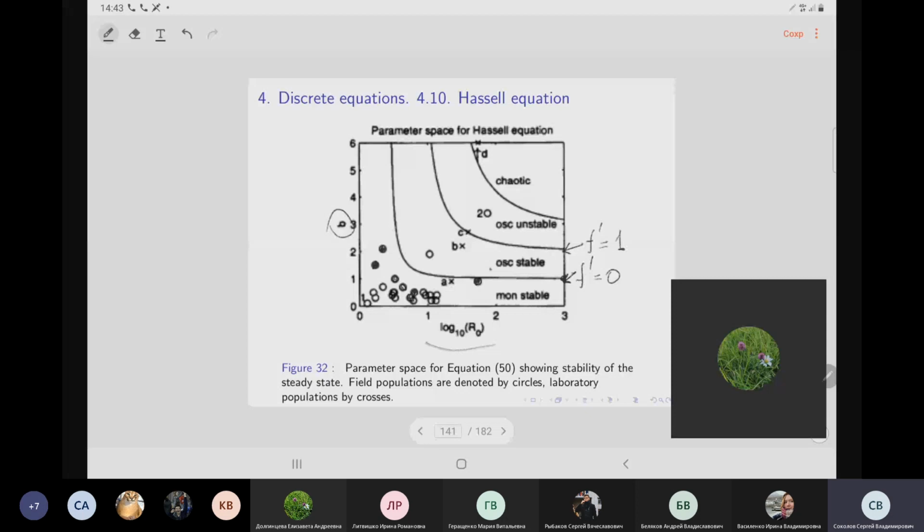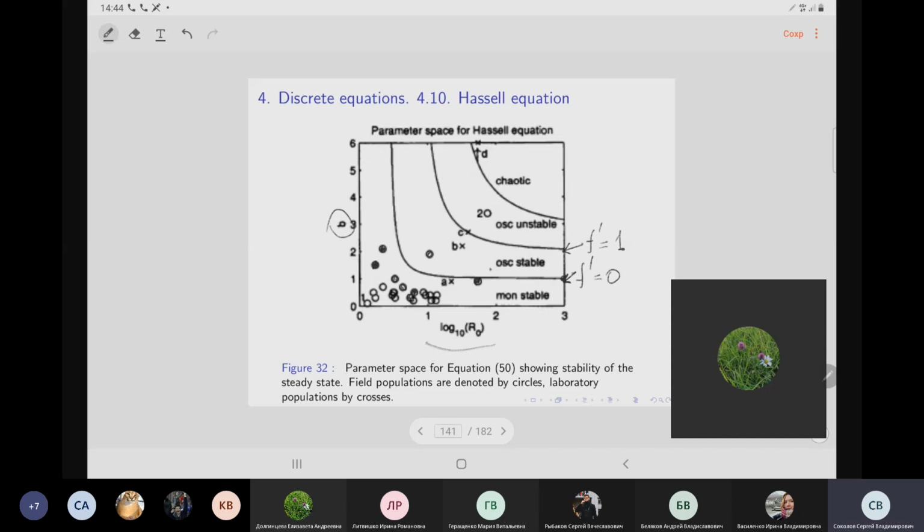So in real life, the number of bees, of flies, and so on is very stable. If, for example, we try to kill all of the bees, we decrease the population number, and then in a few generations, they will replenish the quantity, and it will be okay.